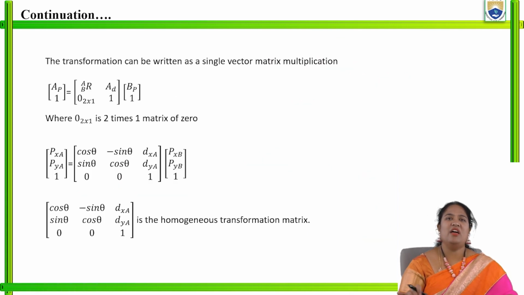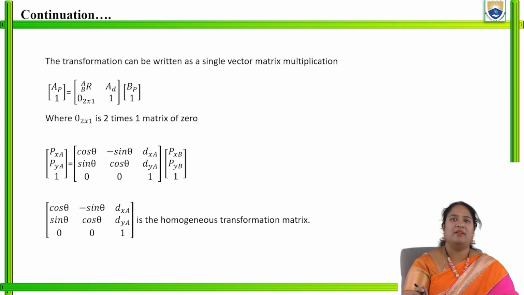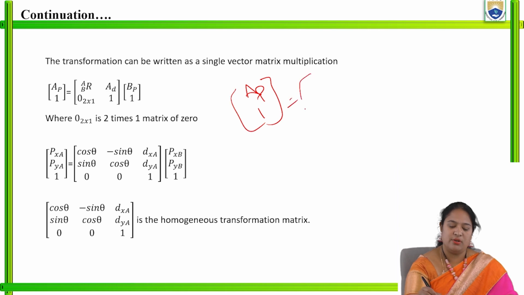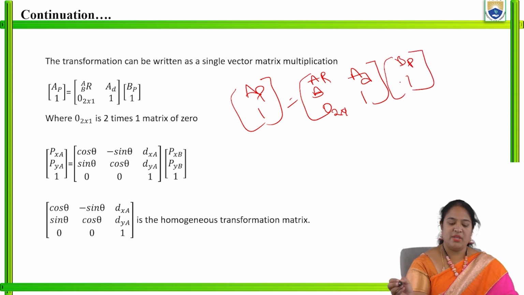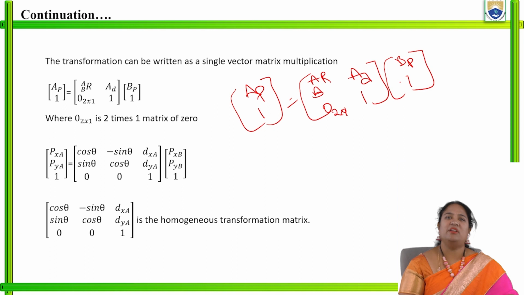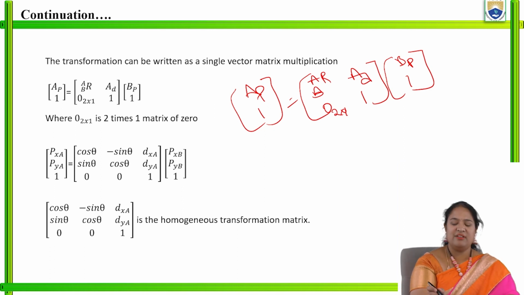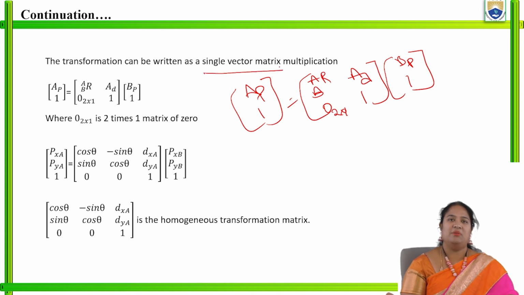Now, when we insert this in the rotational matrix, we get AP with a 1 is equal to the rotational matrix R B to A with the displacement vector, and 0 0 1, multiplying the vector BP with a 1. That is, the transformation can be written as a single vector matrix multiplication.